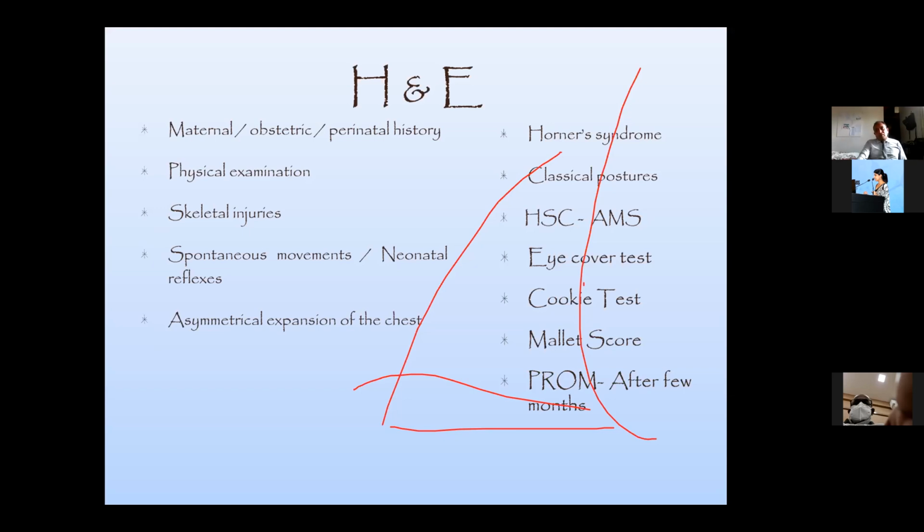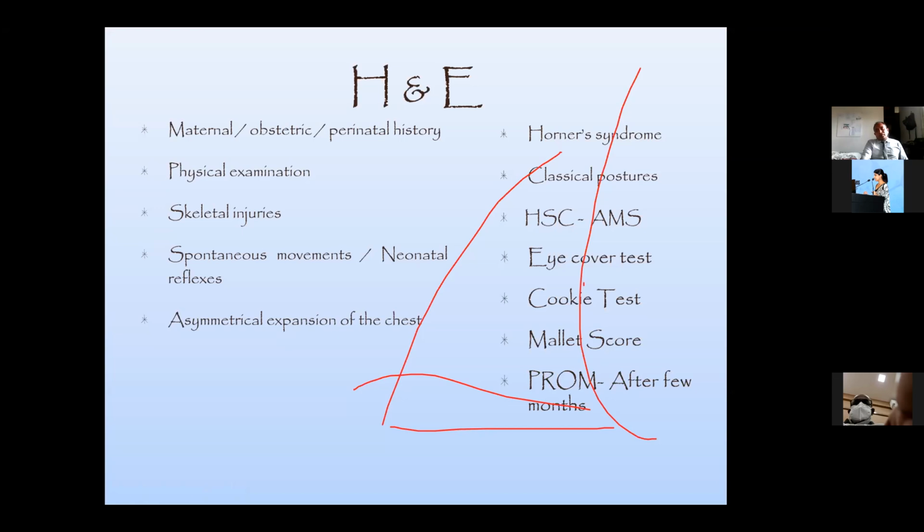And we don't use the MRC grading for this. And the eye-cover test is a provocative test to assess the movements of the upper limb of the patient. And the cookie test is used when the child is coming closer to 6 months.